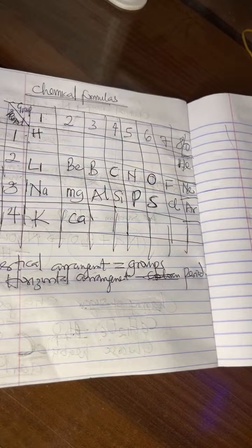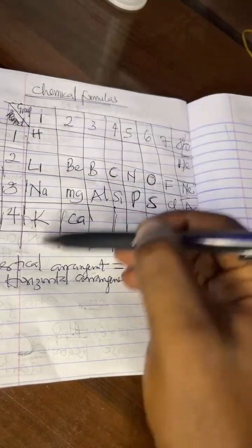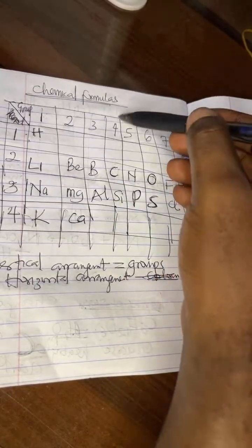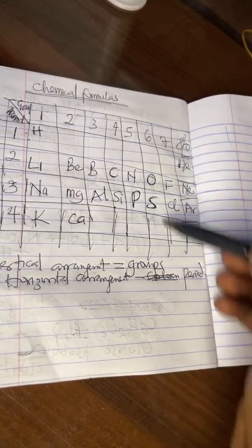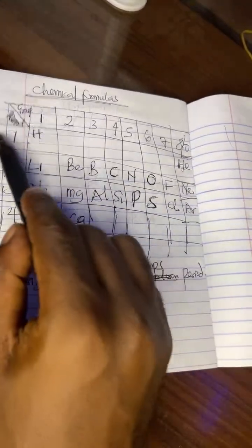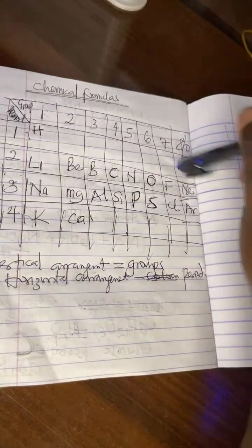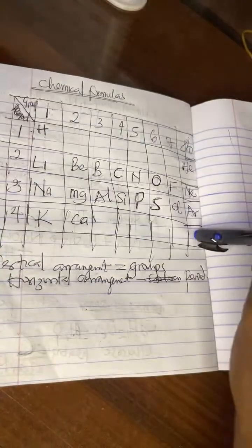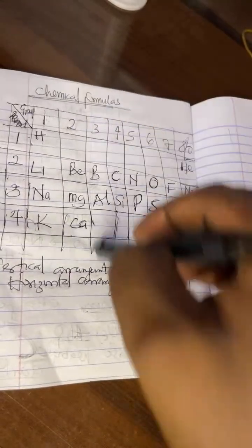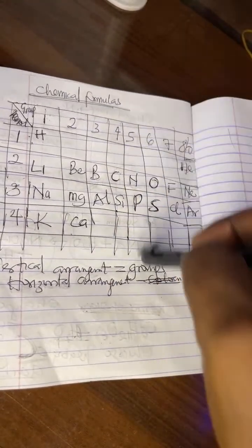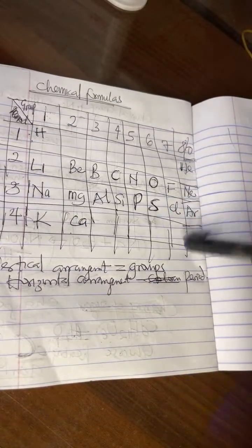You understand? So this is period 1, period 2, period 3, period 4. This is group 1, group 2, group 3, group 4, group 5, group 6, group 7, group 8.